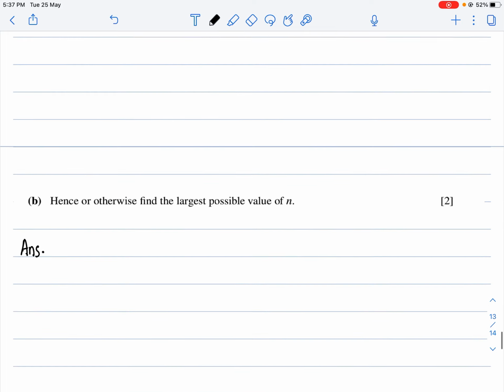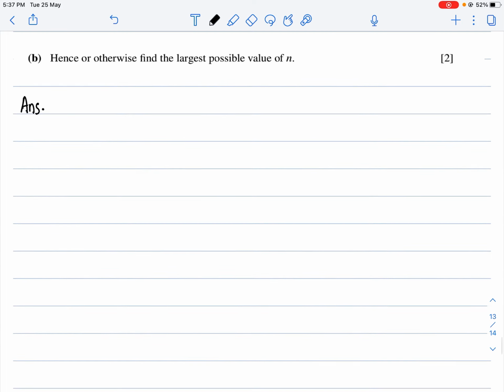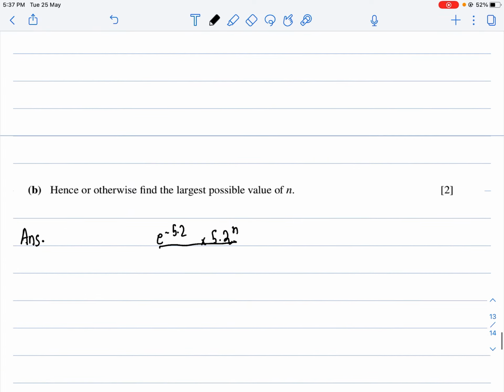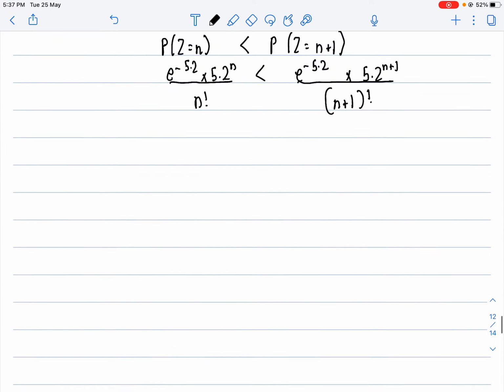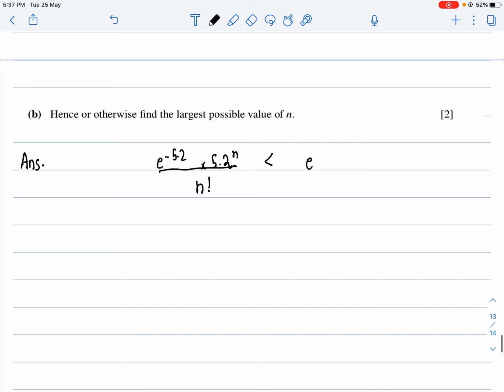So now I come to my B part. So I'll just write the equation we obtained in part A again. So this is what we have, which is less than e raised to minus 5.2 into 5.2 raised to n plus 1 over n plus 1 factorial.